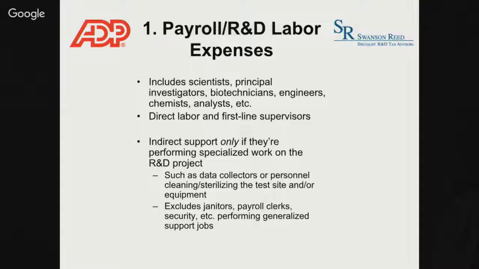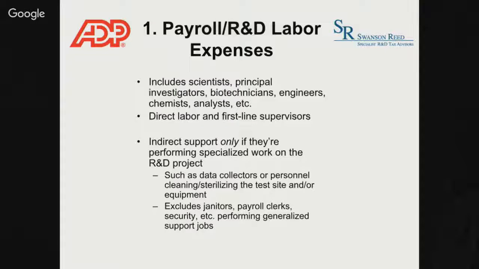For example, you cannot claim the salary of the CEO unless, of course, he or she is working directly on the project, which does happen, but of course is not as common. Indirect labor can be included, but only if they're performing specialized work on the R&D project. For example, this could include data collectors or specialized personnel that come in specifically to clean or sterilize the test site or equipment.